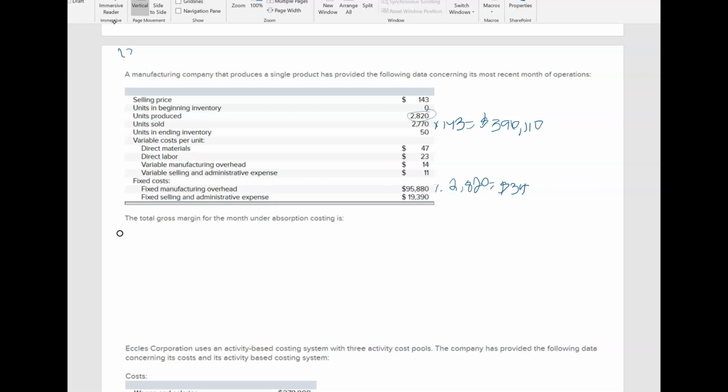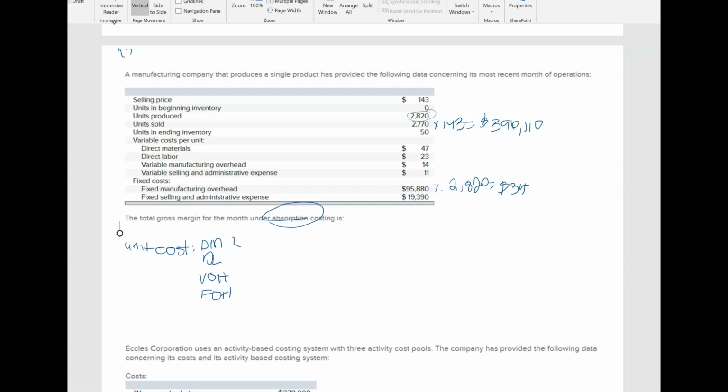Now we need to figure out our unit cost. Direct materials, direct labor, variable overhead, and fixed overhead. Because remember, this is absorption. They absorb more of the cost.